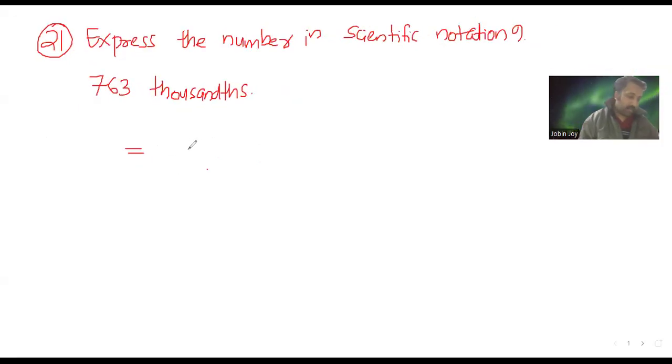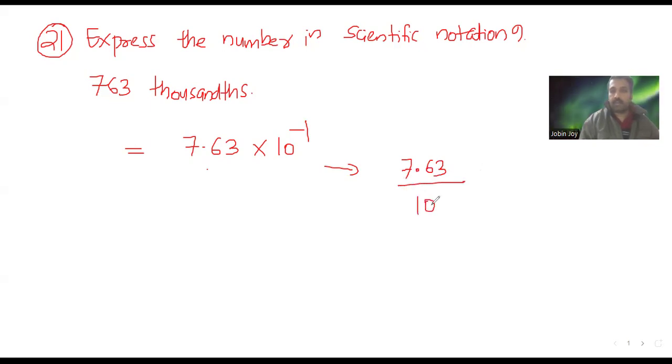Okay, so this one we can write as 7.63 into 10 raised to minus 1. Okay, so what is 7.63 into 10 raised to minus 1? This will be equal to 7.63 into 10 raised to 1 means divided by 10, right?